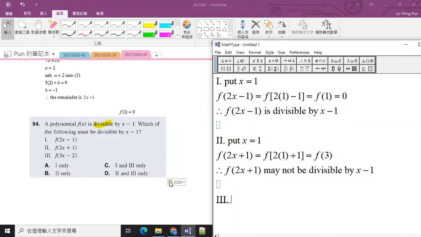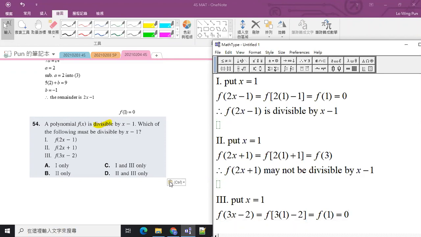Again, we need to test whether the function is divisible by x minus 1 or not, so we need to put x equals 1. Then f(3x minus 2) will become f(3 times 1 minus 2). But 3 times 1 minus 2 is equal to 1, and now we have information about f(1). We know that f(1) is equal to 0.